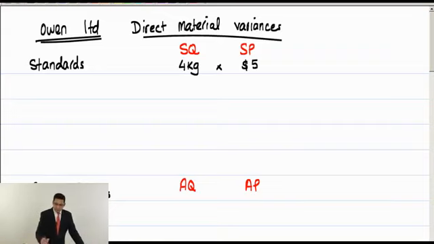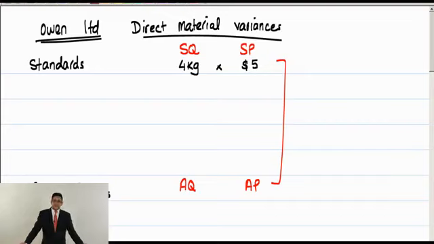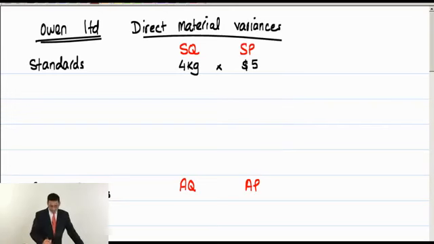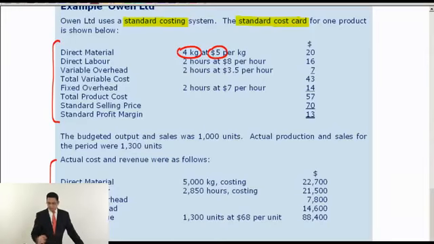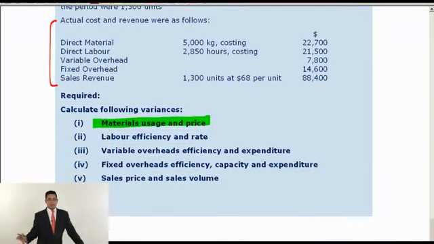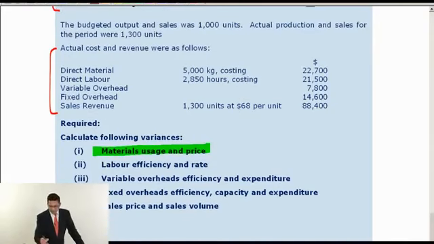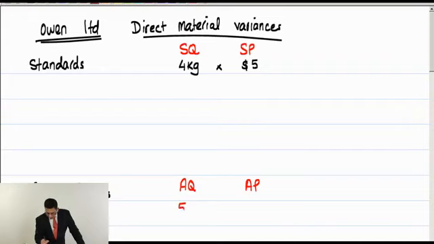And the difference between standard results and actual results gives rise to the material variance. Okay? The only problem is actual quantity and actual price are given in so many units. For example, we are provided that 5,000 kilos were used, costing us $22,700, meaning to say actual quantity was 5,000.